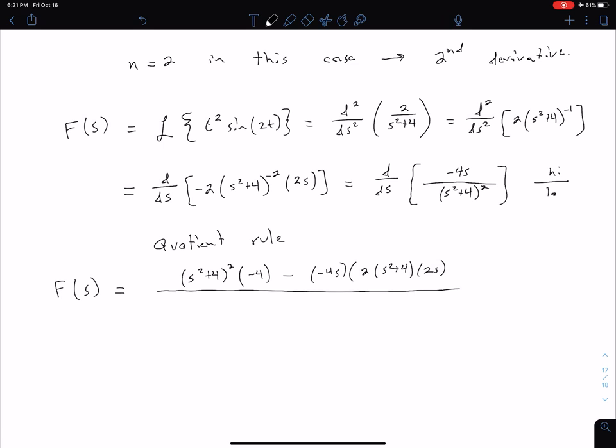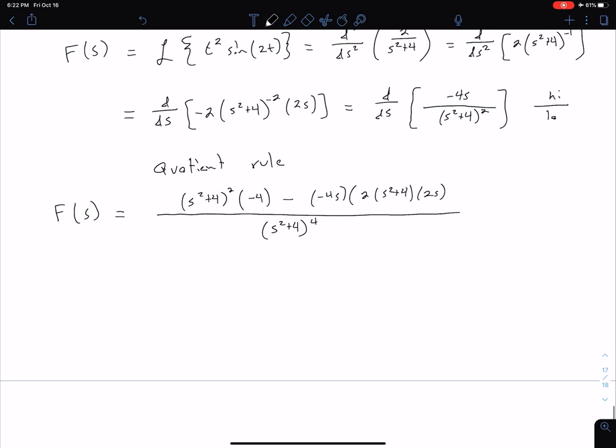All of that is divided by low squared, so the quantity (s squared plus 4) to the power of 4. That quotient rule, low d high minus high d low over low squared, is a mnemonic device to help you remember it.